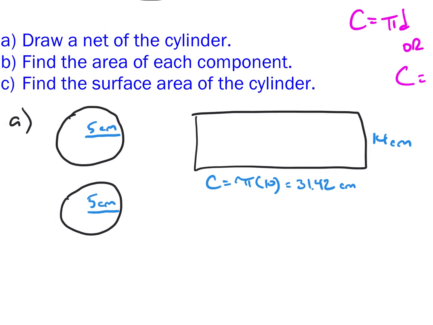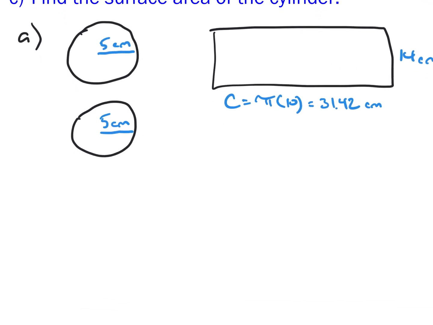All right, let's figure out the area of these things. Starting with the circles. Area of a circle, the formula for that is pi r squared. Now, the radius is 5, so it's 5 squared times pi. We need to follow order of operations.